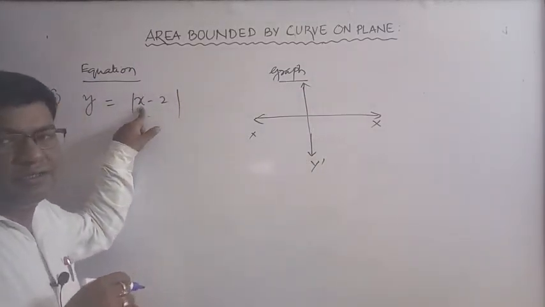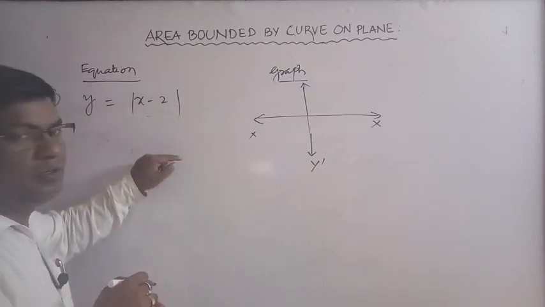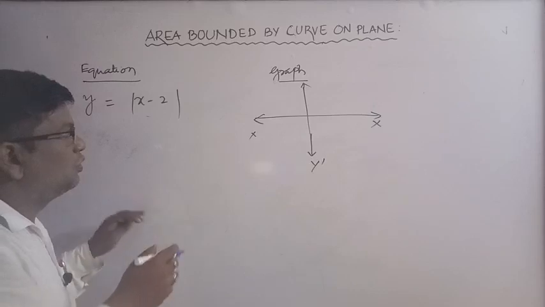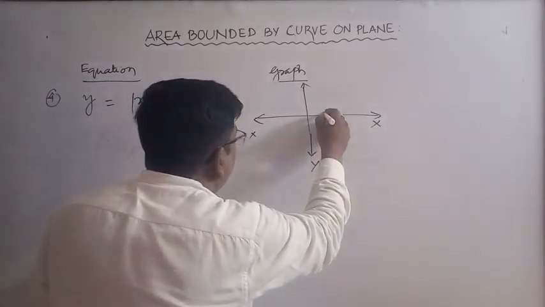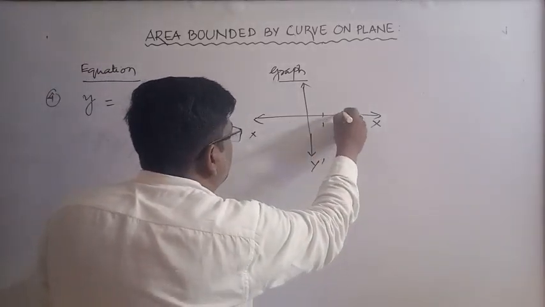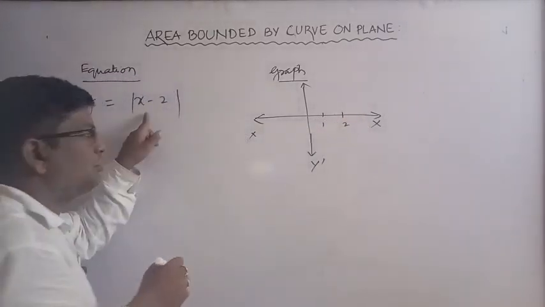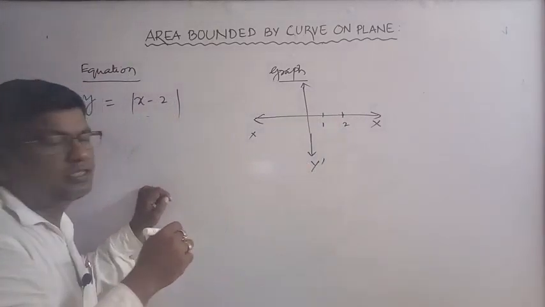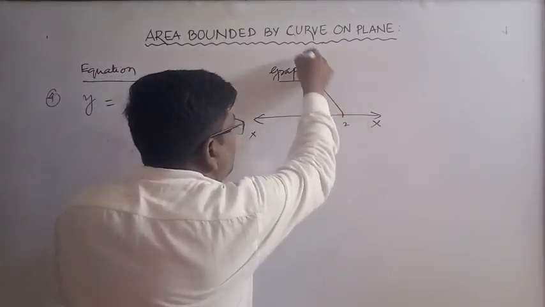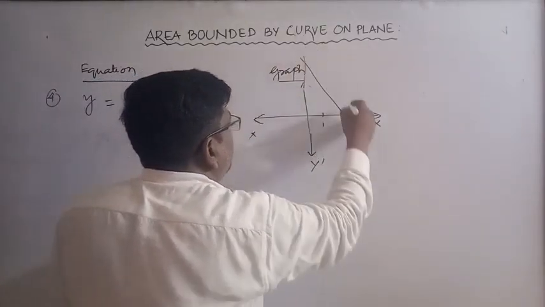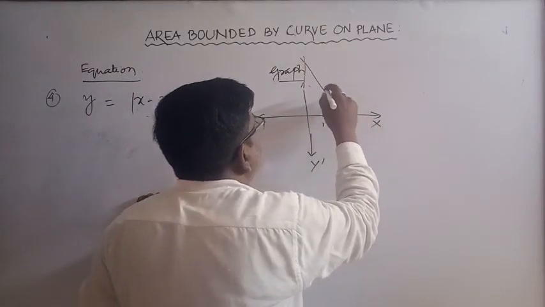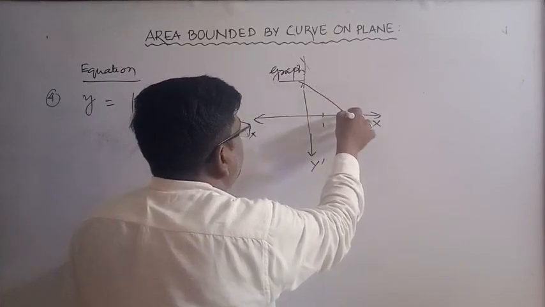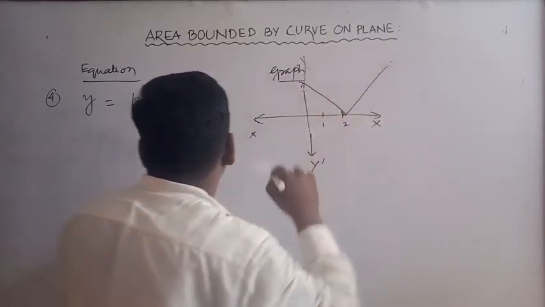When x is equal to 2, y is equal to 0. So at the point 2, 0, it is a V shape like this.